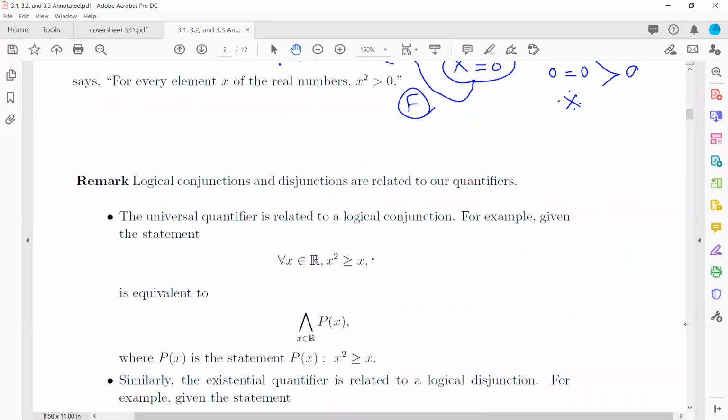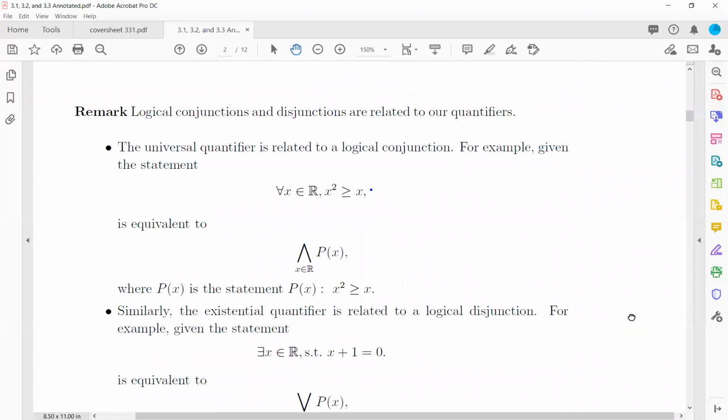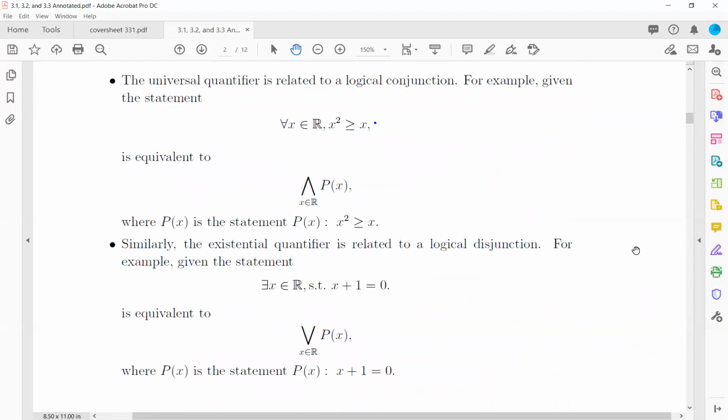This is equivalent to saying that P of x, your statement, is true for any x in R. The existential quantifier is related to logical disjunction. For example, there is one x in R such that x plus 1 is equal to 0.